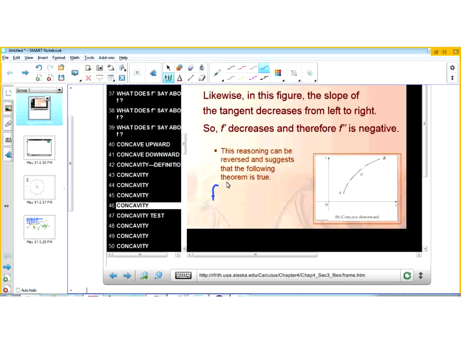So f prime is a decreasing function, and whenever you have a decreasing function, the slopes of its tangent lines are negative. In this profile, the function is concave down. So when the second derivative is less than 0 on an interval, the function is concave down and has to be drawn that way, and no other shape will work. No exceptions.